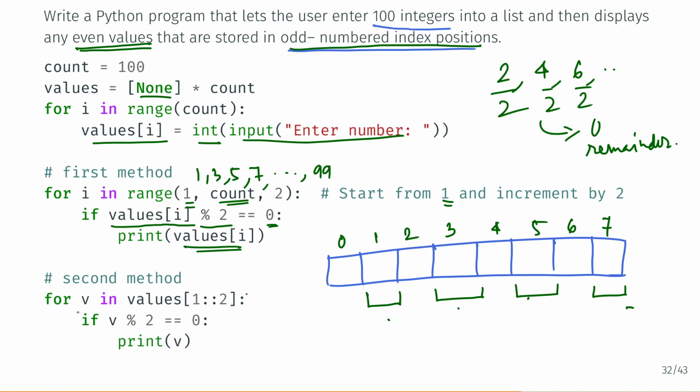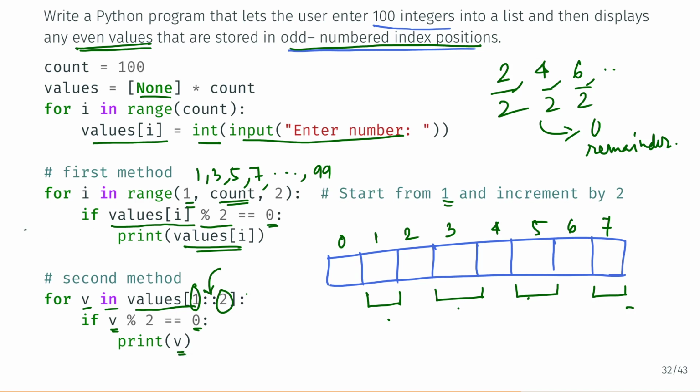And the read-only approach is: for every value v in the sublist of values, starting from the first value to the last value in steps of 2, if the value is even, print the value.